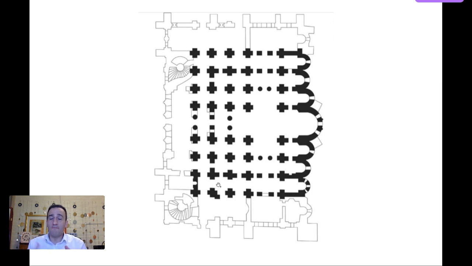Basically, it's a field of thick, wide columns that take up 80% of the floor area, and the 20% of the floor area that remains is the space that you can move in and around, which is a little bit different from how we use a column today, in that a column is generally thinner. It might be 12 inches, 24 inches, 36 inches, but it's the sort of thin element within a larger space. The hypostyle hall is basically an inversion of that.